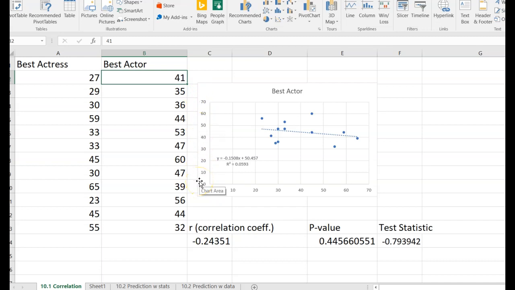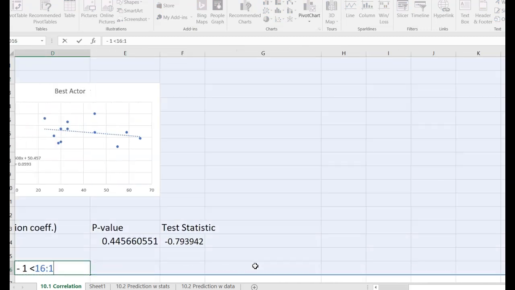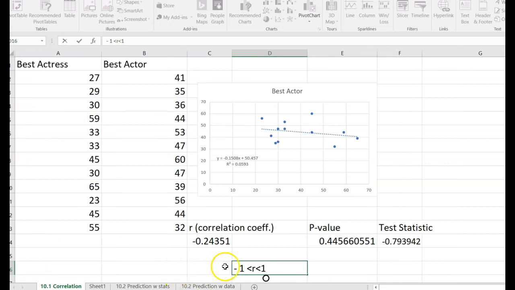And R is a number that's between -1 and +1. -1 is less than or equal to R, and that's less than or equal to +1. Okay, so that's the range that R falls into.